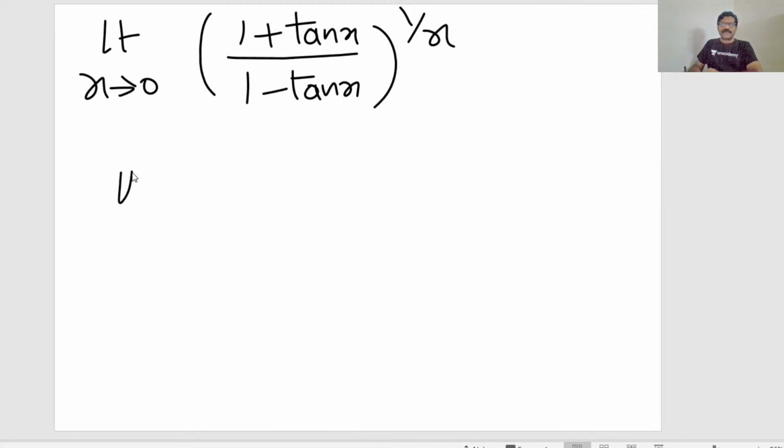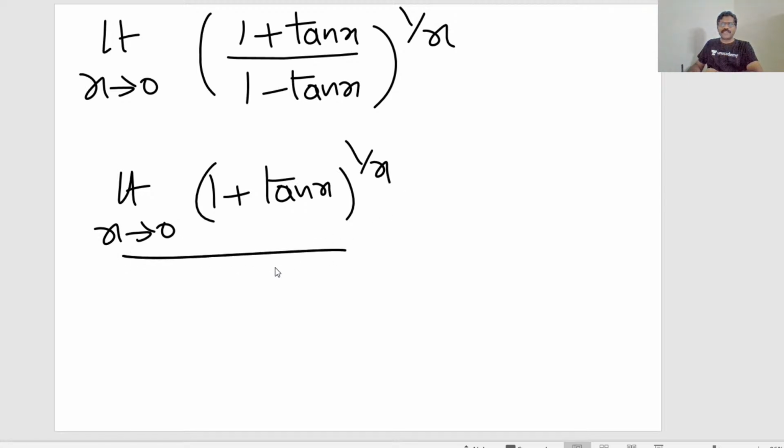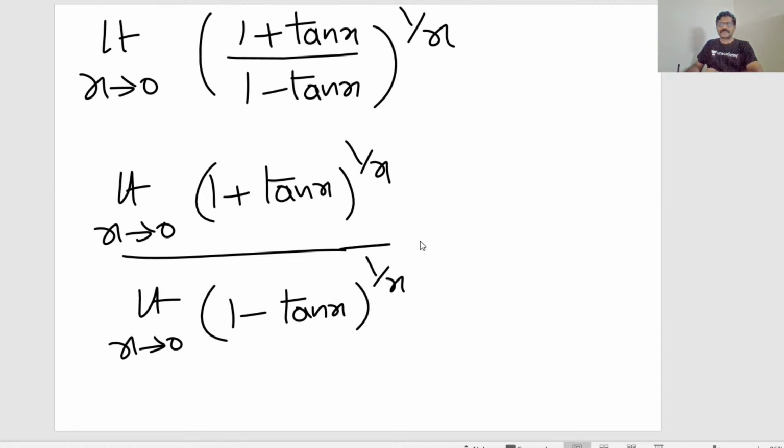Therefore, limit x tends to 0, 1 plus tan x whole power 1 by x, divided by limit x tends to 0, 1 minus tan x whole power 1 by x. That gives us numerator is e, denominator is e power minus 1.